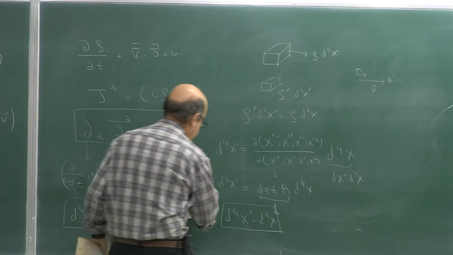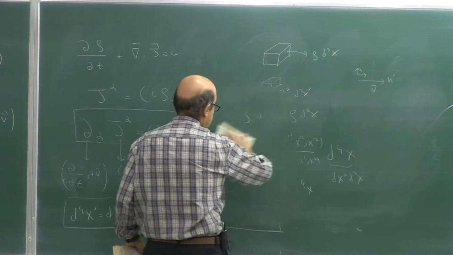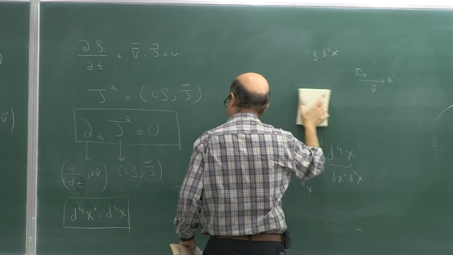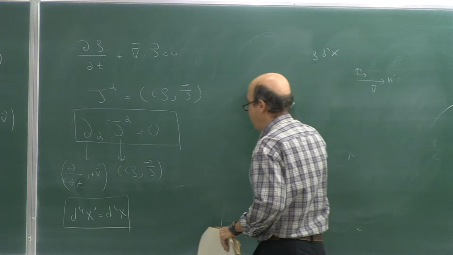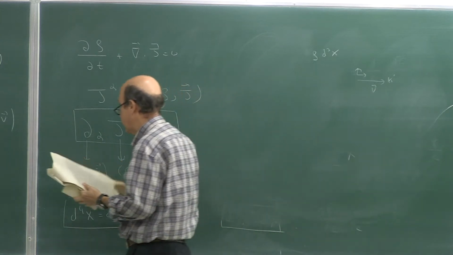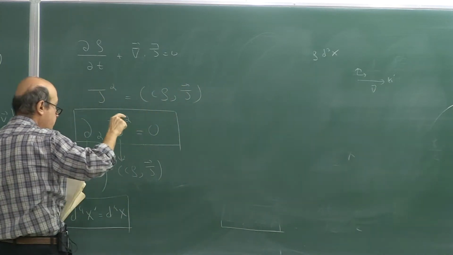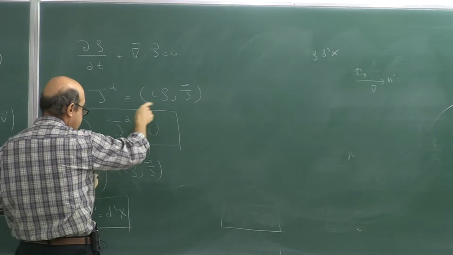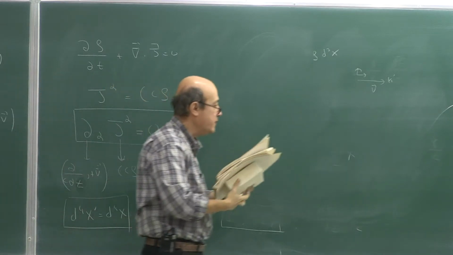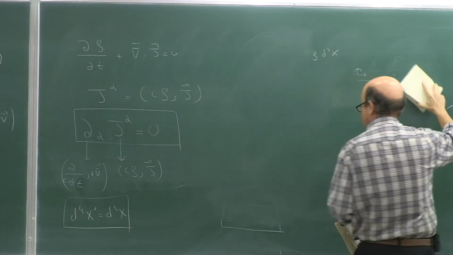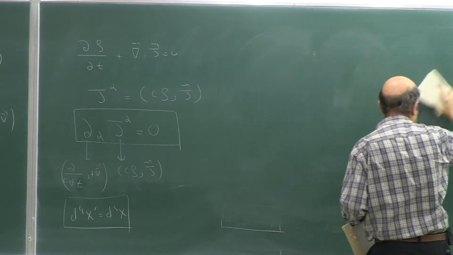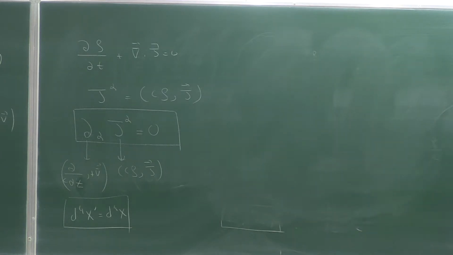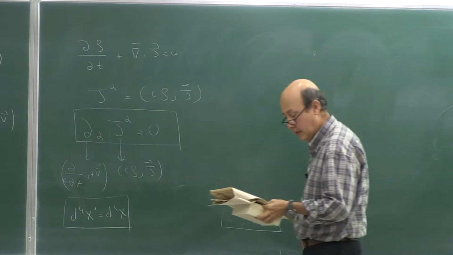We have the continuity equation, continuity of the charge density in all frames is valid, and we have the 4-dimensional current density. The time coordinate of the 4-dimensional current density is the charge density, and the space part of the 4-dimensional current density is the actual current density in space.